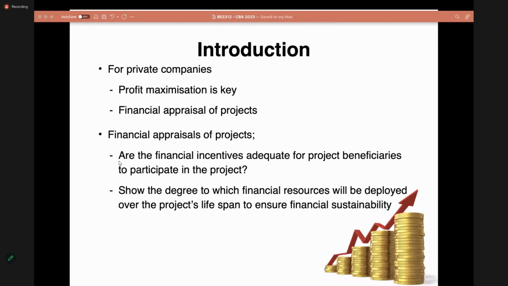Maybe even in the lectures that you might have had so far with Dr. Danuja, you might have looked at these aspects. How to financially appraise projects to see if a particular project is going to make us money or not. Otherwise, why would anybody invest in a project if they don't get any incentive back?